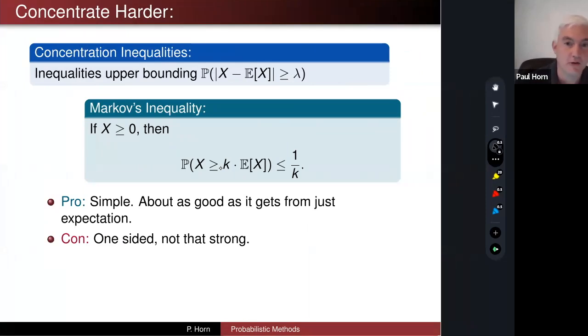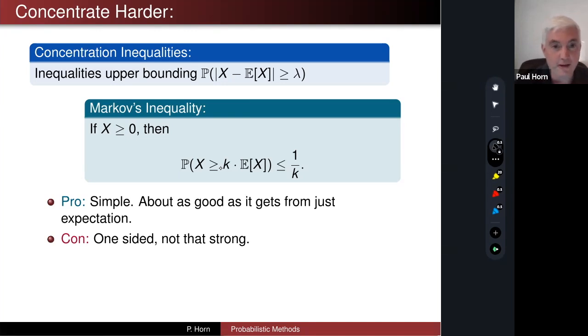If it was too much bigger than its expectation too often, well, then the expectation would be bigger. It's a very simple thing, but it only controls things in one direction. It's one-sided. It's also not that strong of a result. It doesn't actually say so much. So we'd like to move beyond it somehow.